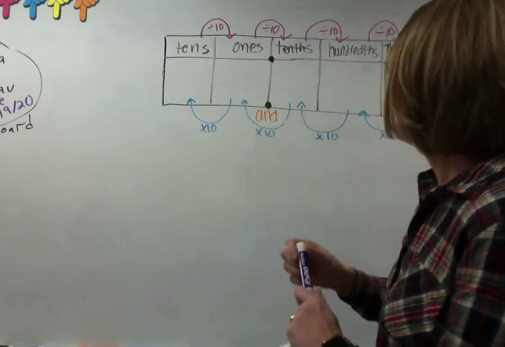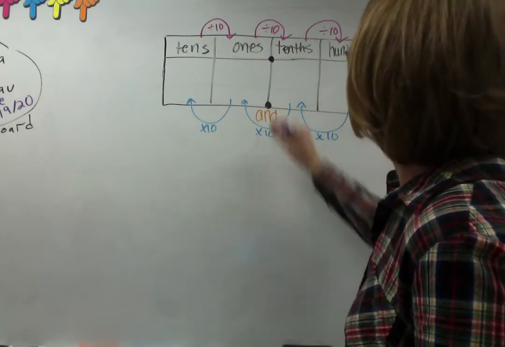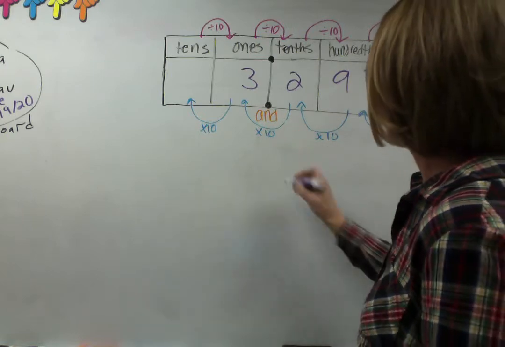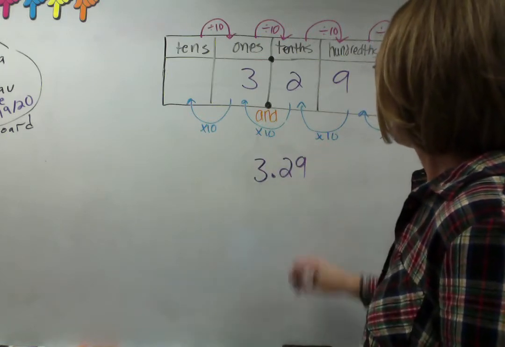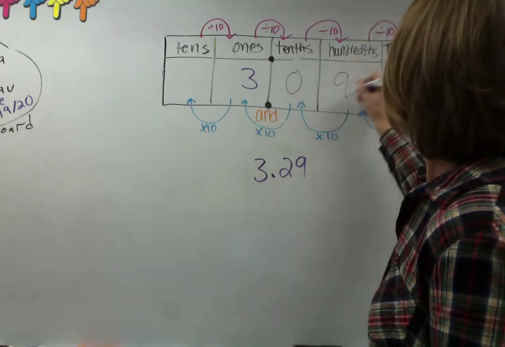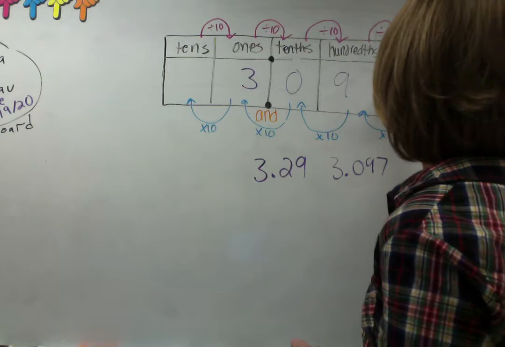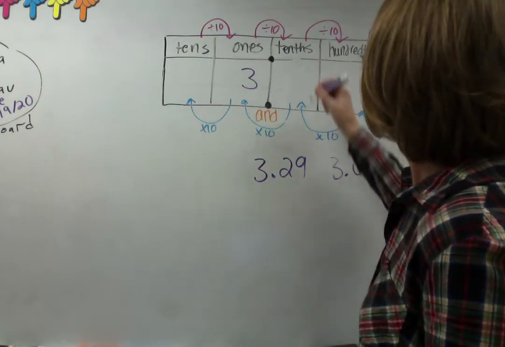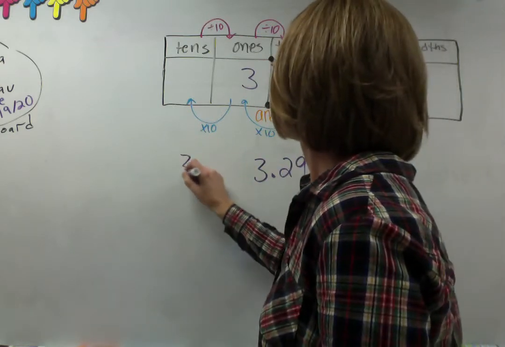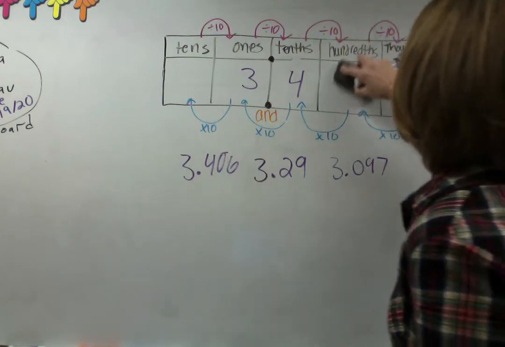So for example, if I had three numbers, if we write this up here in our charts, if we write 3 and 29 hundredths was one of my numbers, all right, and then I had 3 and 97 thousandths was one of my numbers, and then I had 3 and 406 thousandths, okay, and I wanted to put them in order.